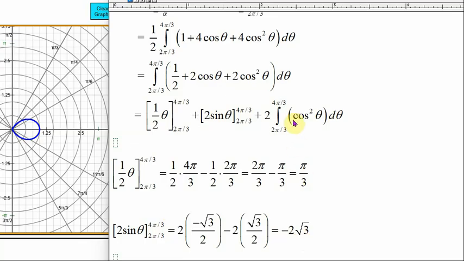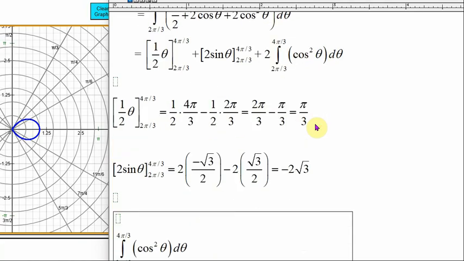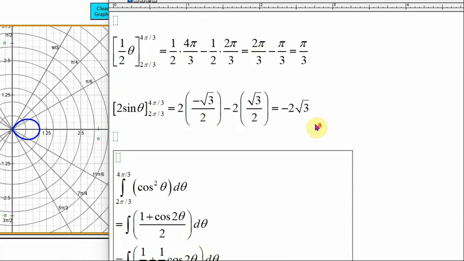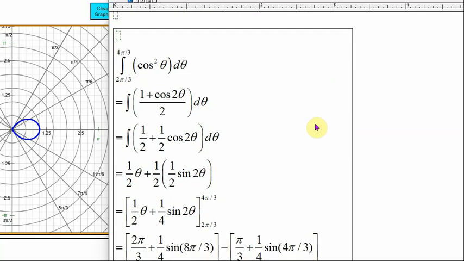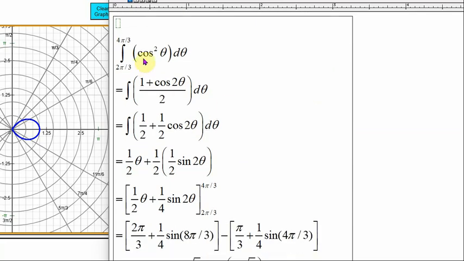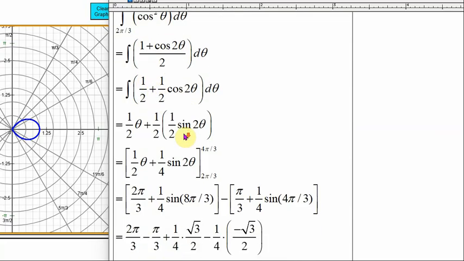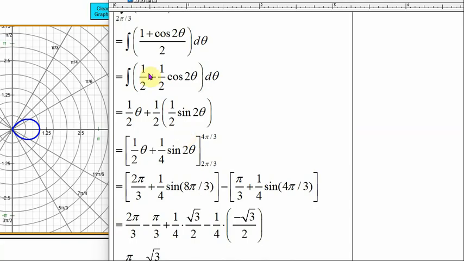And then we need the integral for cosine squared of theta. Recall that cosine squared theta is the same as 1 plus cosine of 2 theta over 2. And then we can rewrite this as 1/2 plus 1/2 cosine of 2 theta. The integral of a half is just 1/2 theta.